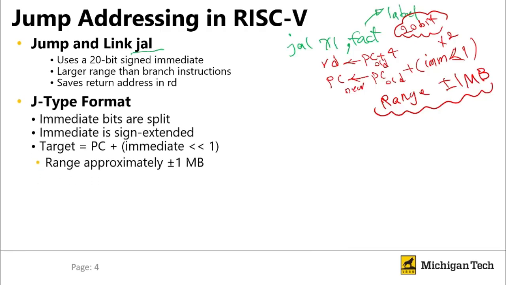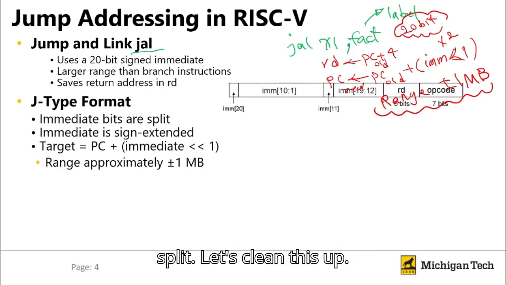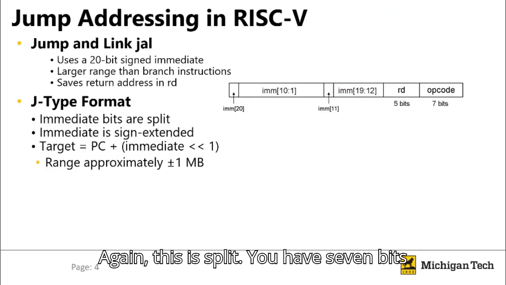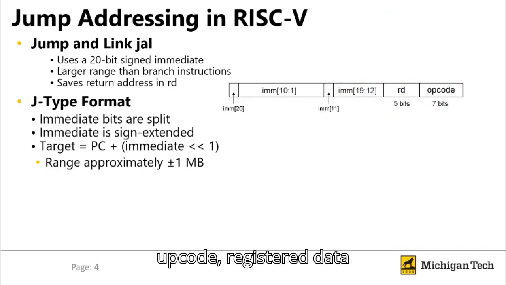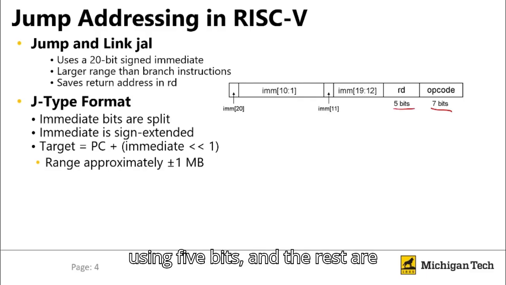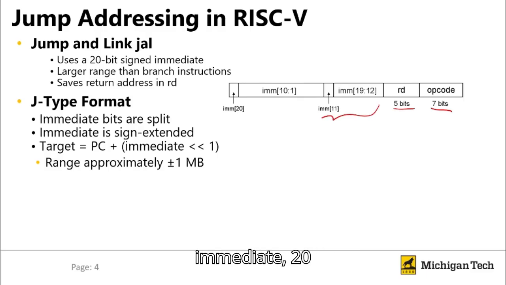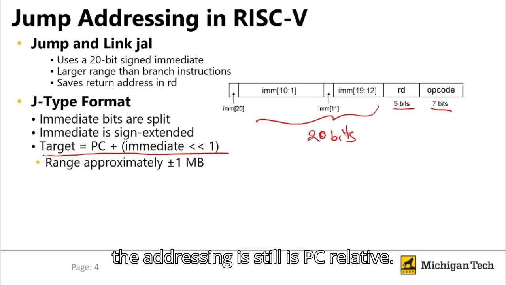Again, the immediate bits are split. We have a 7-bit opcode, the destination register using 5 bits, and the rest are immediate, a 20-bit immediate, and the addressing is still PC relative.